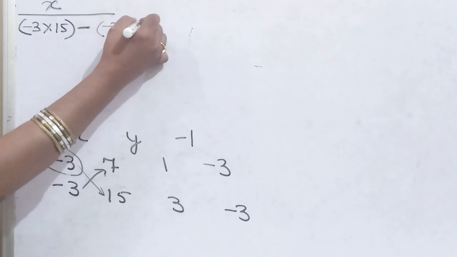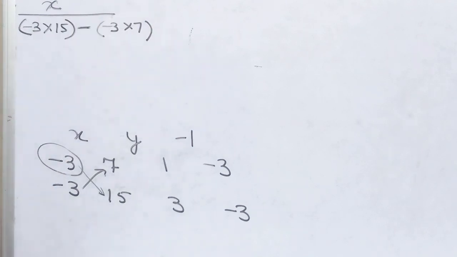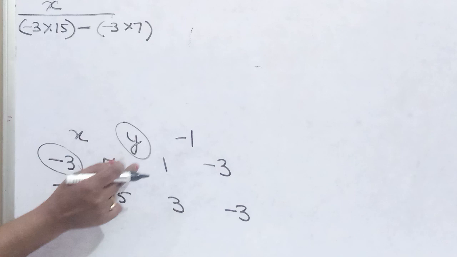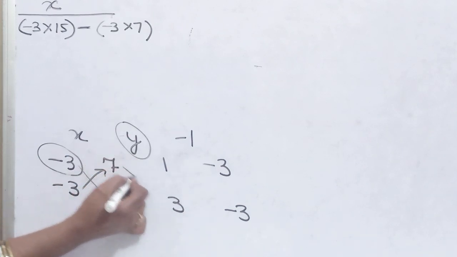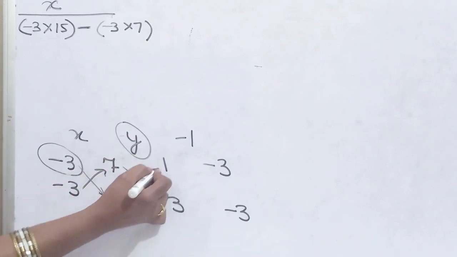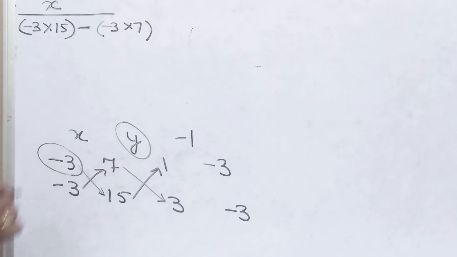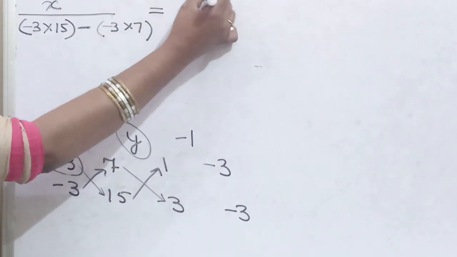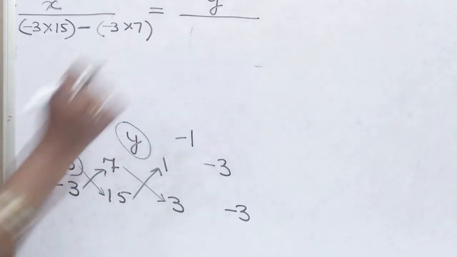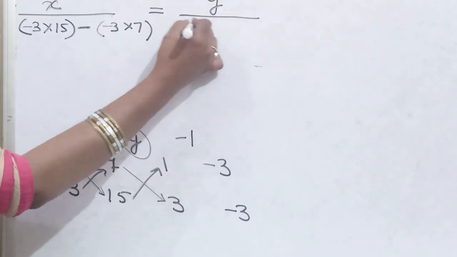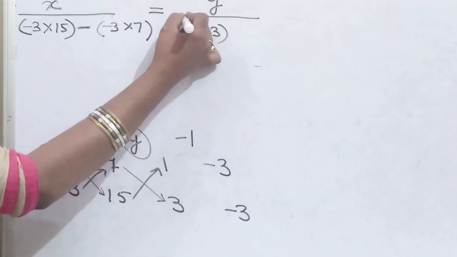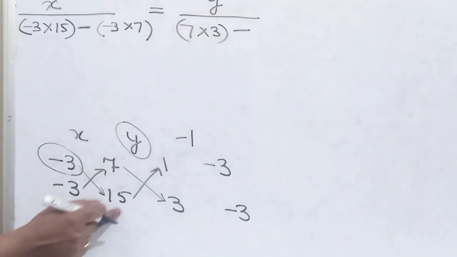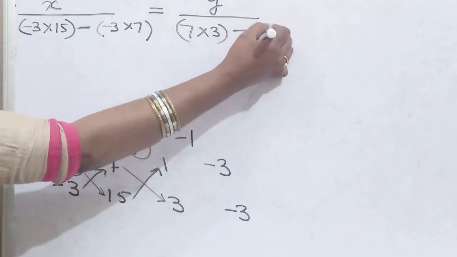And again, multiply these two numbers: minus 3 into 7. In the same way, I will apply this method for y: 7 into 3, 15 into 1, with a minus sign in between. So y upon 7 into 3 minus 15 into 1.